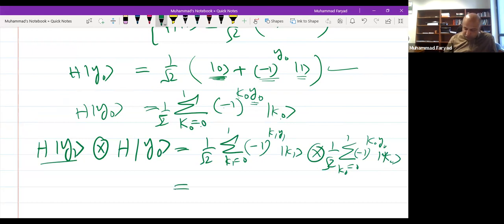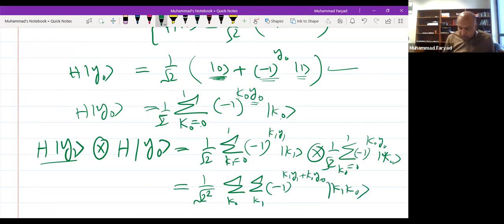So 1 over square root 2 and 1 over square root 2 is equal to 1 over 2, and then there is a sum over k naught, a sum over k1, and this becomes minus 1 into minus 1 raised to power k1 y1 plus k naught y naught, and this is k1 k naught.